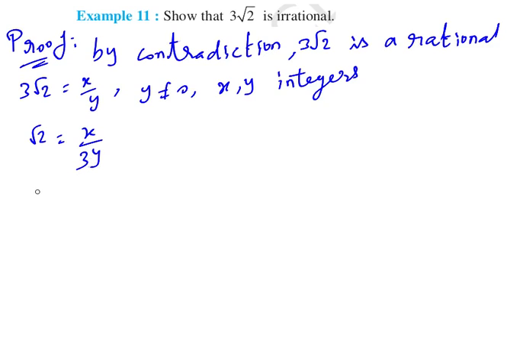So by this we can say that root 2 is a rational number. But according to our previous theorem, what we have proved already, root 2 is an irrational number.